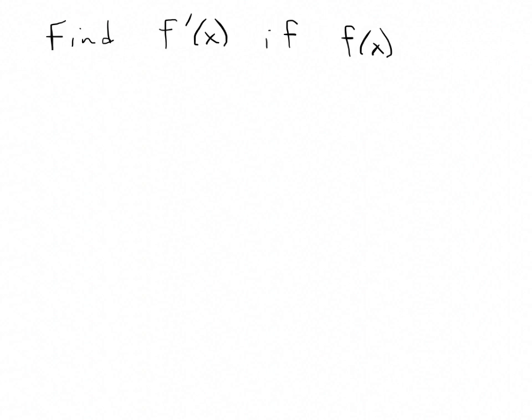And so how that works is, what if I have a problem where I say find f prime of x if f of x is, and let's say we've got something like the square root of x cubed minus 4 over sine x.